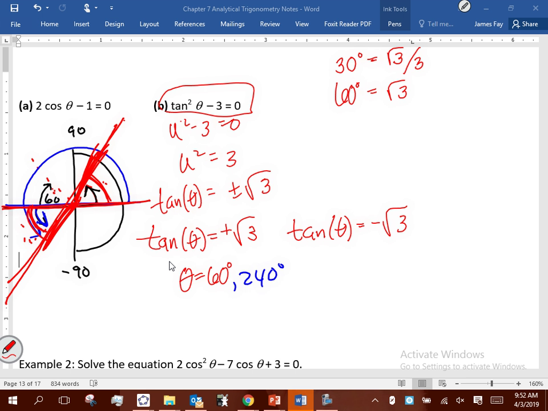Now let's talk about tangent of theta over here. When is tangent theta equal to negative root 3? If you type that in on your calculator, tangent inverse of negative root 3, what does it give you back? It's going to give me back this angle here, which is negative 60. Does that make sense? That's what your calculator will spit back. But if it's negative 60, do I ever want to use negative 60?